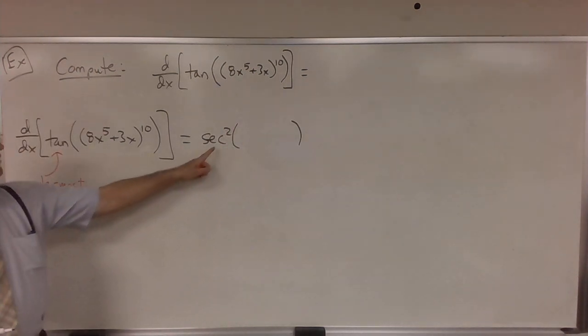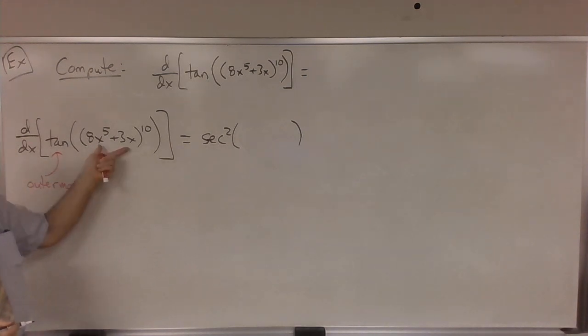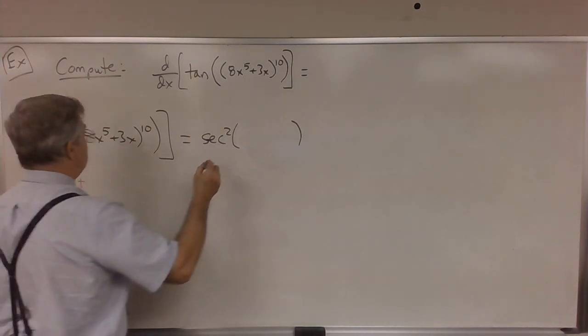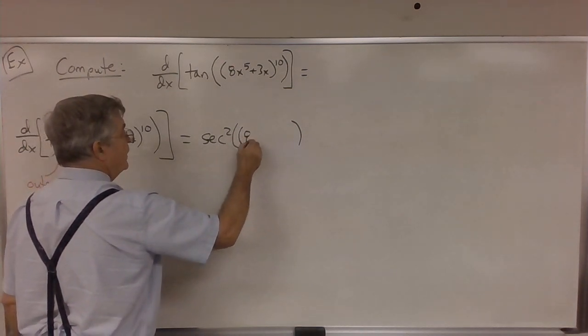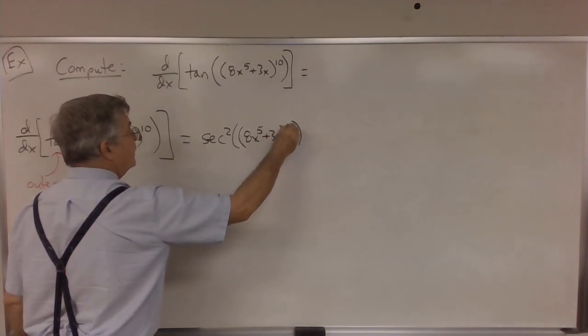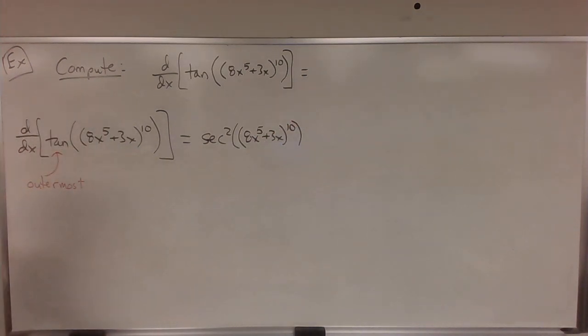So this is the derivative of the outermost function, and we have to evaluate it at everything inside: 8x to the 5th plus 3x to the 10th. There we go.